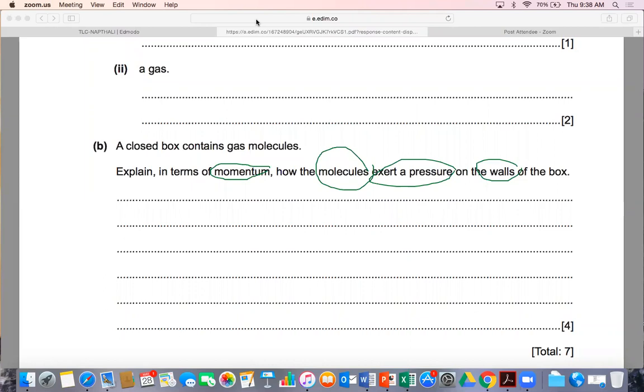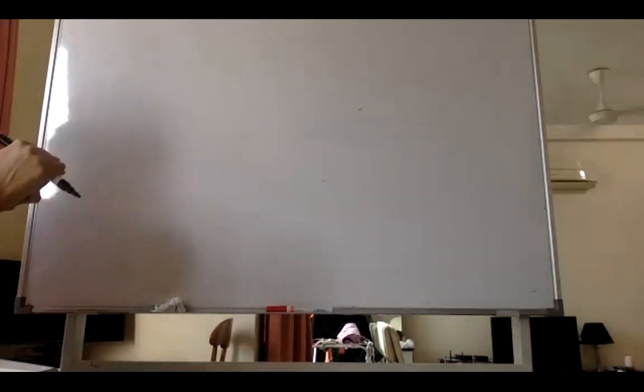The more momentum, the higher the pressure. Why? There's something that happens in between. The molecules hit the walls and this causes pressure on the walls of the container. Not quite. You're getting the idea, but let's see.